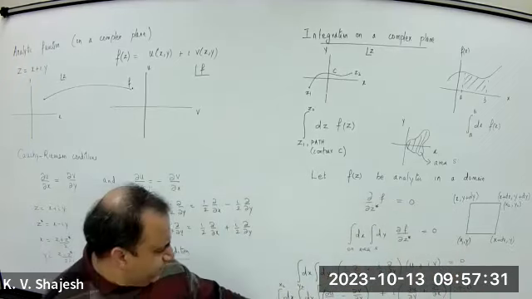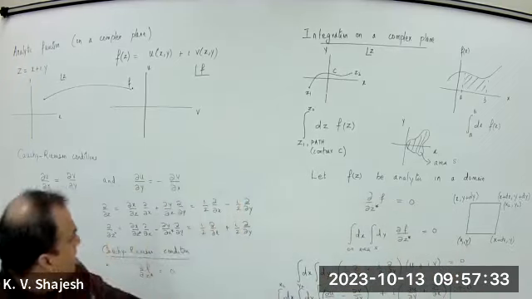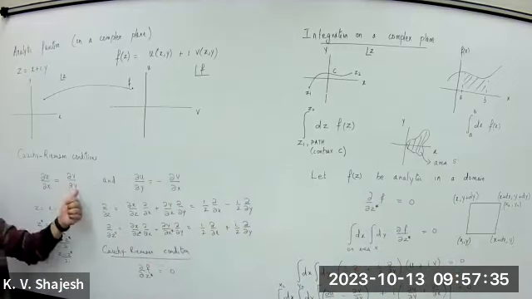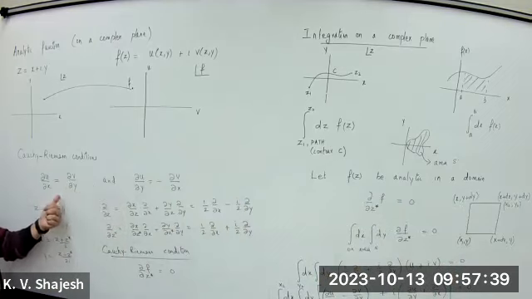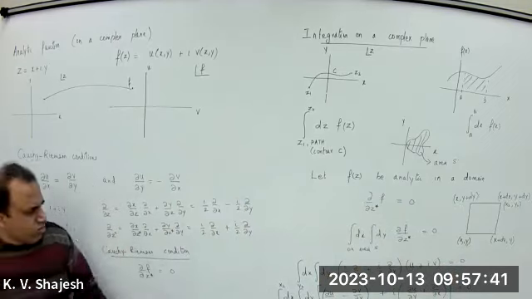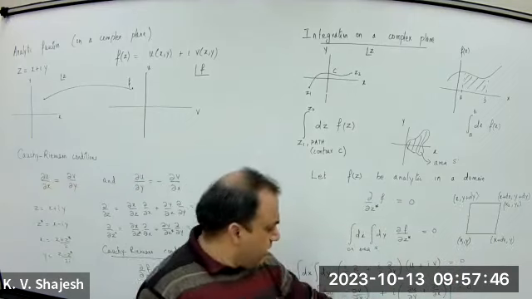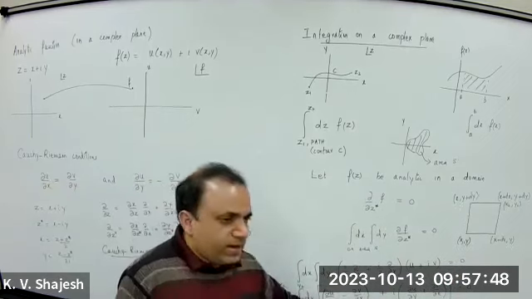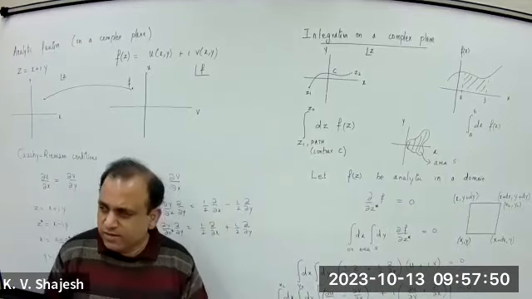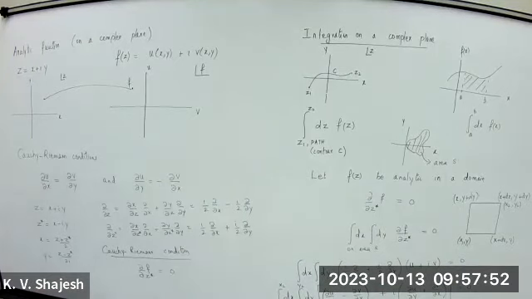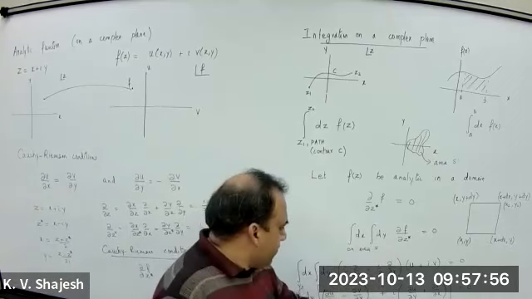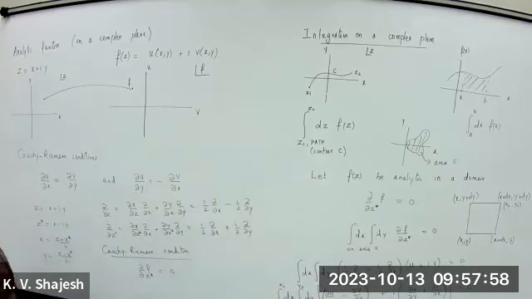And if you notice, this is nothing but your Cauchy-Riemann conditions in rectangular coordinates. If this is true, each of these parentheses is 0. If the square bracket term is 0, integration of those zeros over a small region will be equal to 0. So that's the same statement as here, but now in rectangular coordinates.